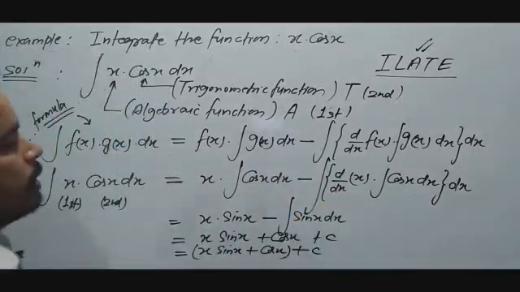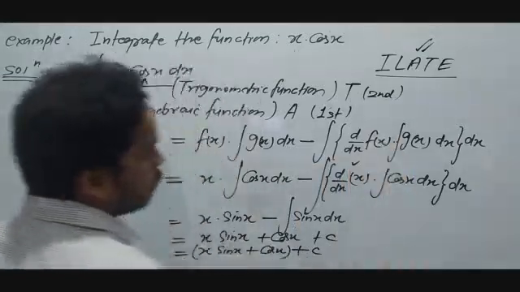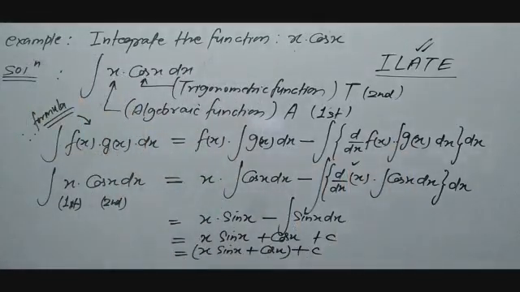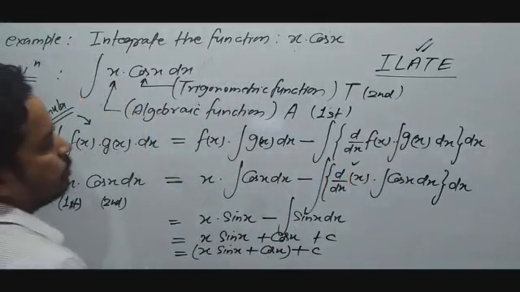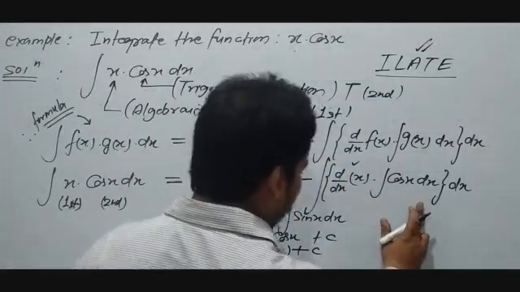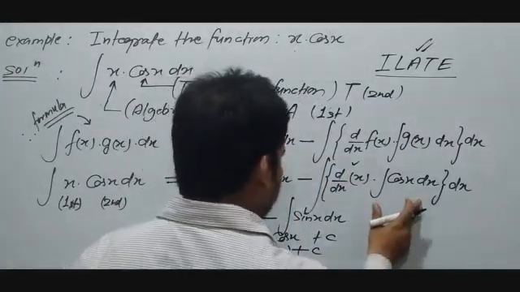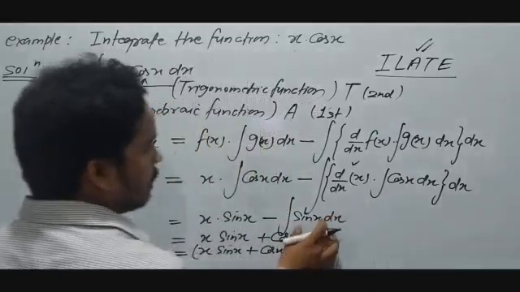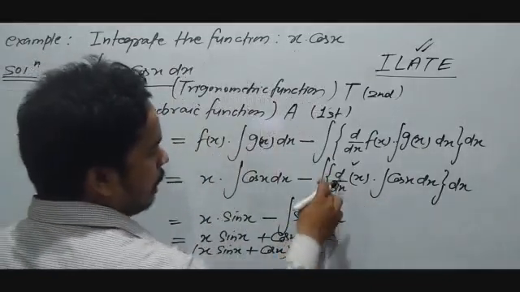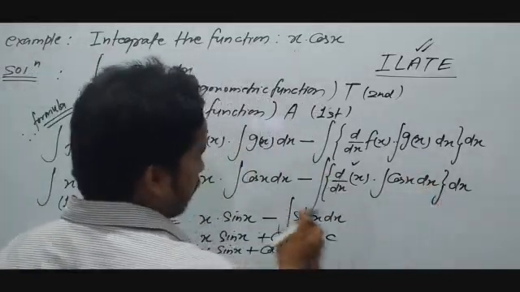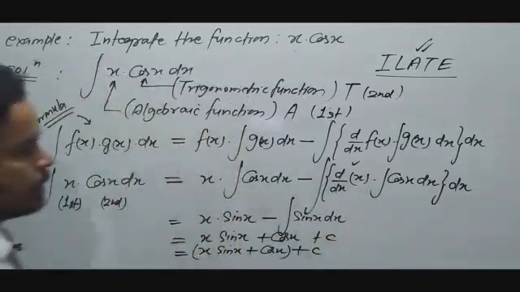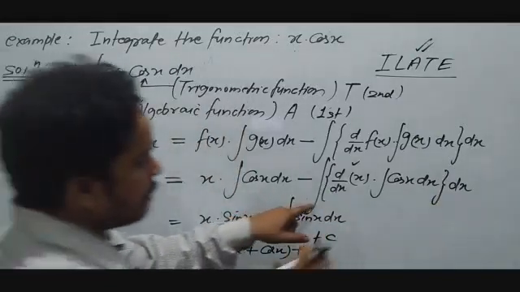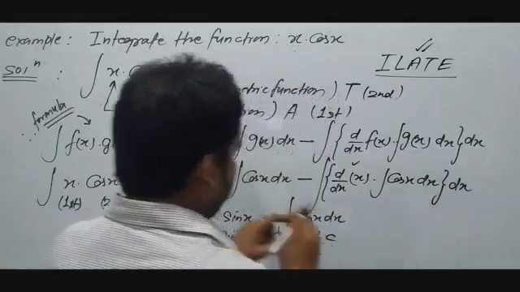And you know the derivative of x is 1. This is the identity function, so its derivative is 1, and the cos x integration result is sin x. So I have written sin x, curly bracket close, dx. Integration and dx are the same, copy here. This curly bracket result is sin x, so I have written sin x.